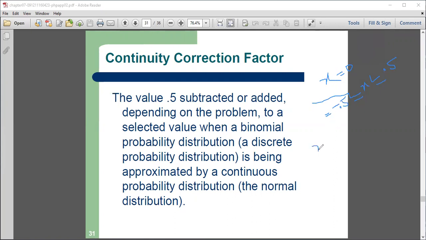In the next case, if we have x equal to 1, it will be 0.5 less than or equal to x is less than or equal to 1.5. So this is called a continuity factor, which is converting these values into intervals.